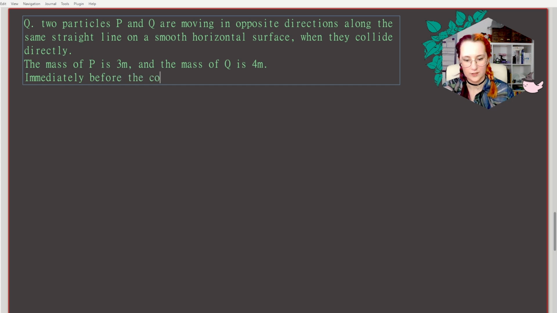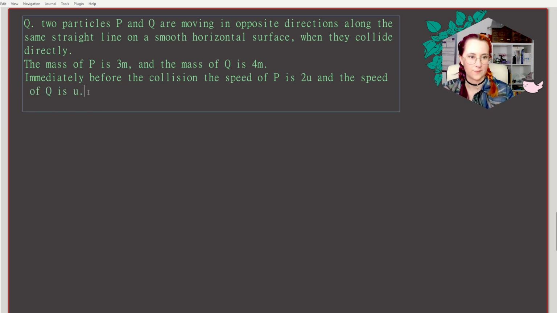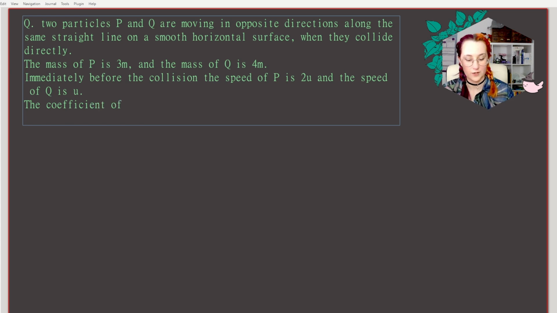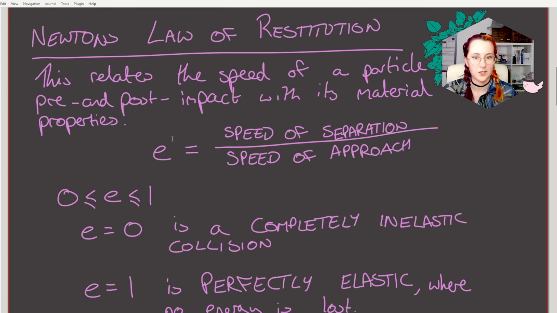Immediately before the collision, the speed of P is 2u, and the speed of Q is u. The coefficient of restitution, which I should have specified, is e, where Newton's law of restitution defines the coefficient of restitution.